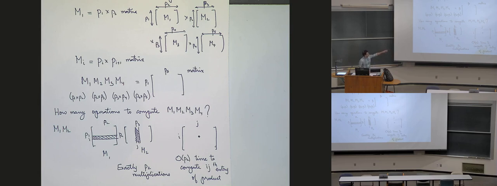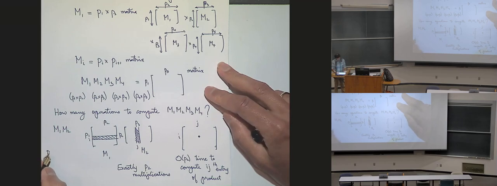Okay, so we said to compute each entry is P2 multiplications. How many entries are there total in the product matrix? How many entries in the product? Yeah? P1 times P3. Right, so there are P1 times P3 entries in the product.